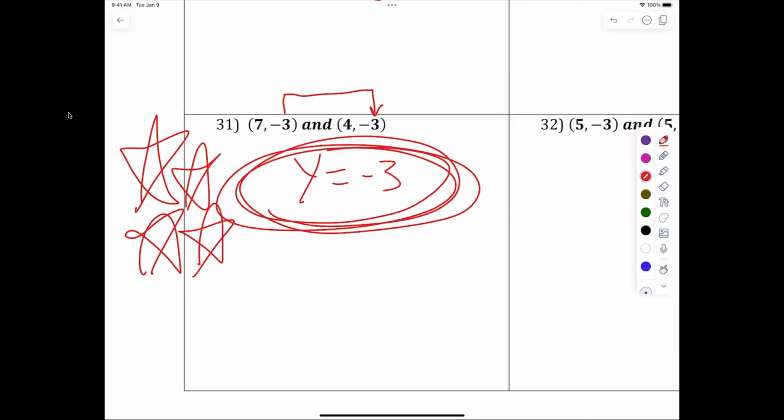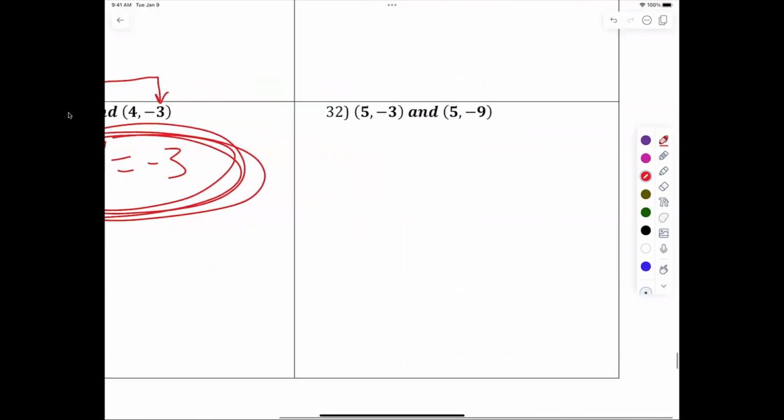Now I'm going to ask you to slide over to number 32, and put a couple stars by 32. Those of you who've been listening and thinking and want to be better will be able to look at number 32 and say, I know what he's saying. The answer is, what is 5? Yes, there you go. We always write an equation.